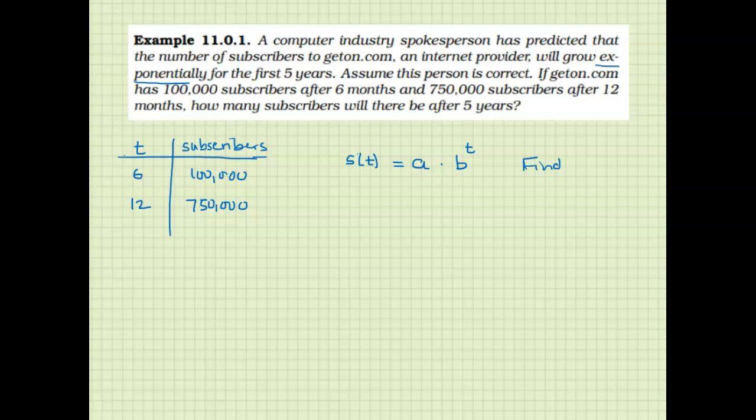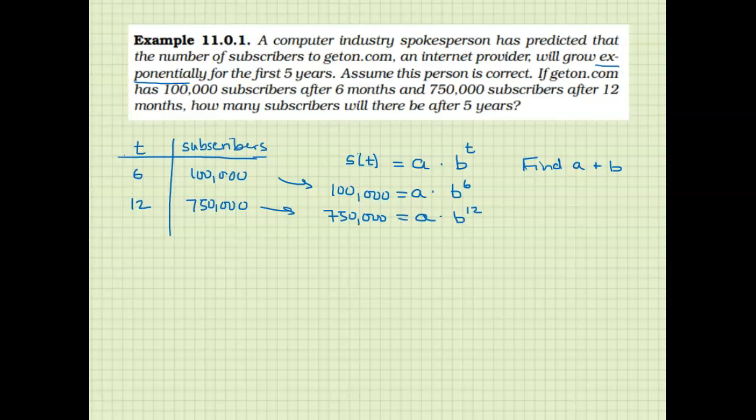Plugging in the first point, 100,000 subscribers equals a times b to the 6. Plugging in the second point, 750,000 subscribers equals a times b to the 12.